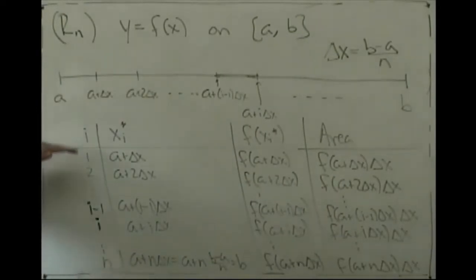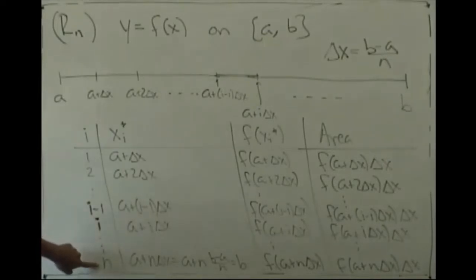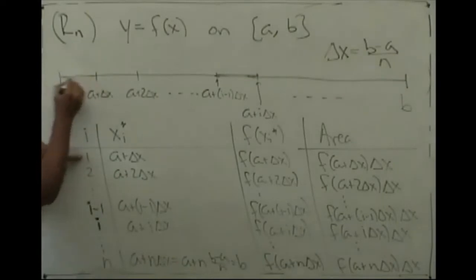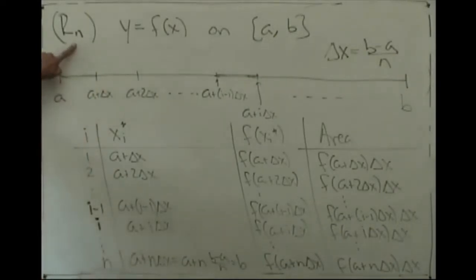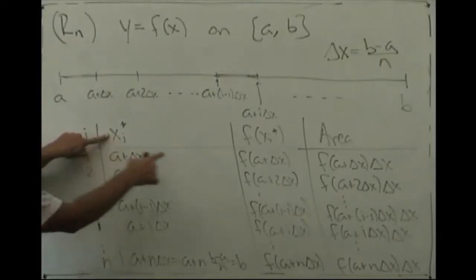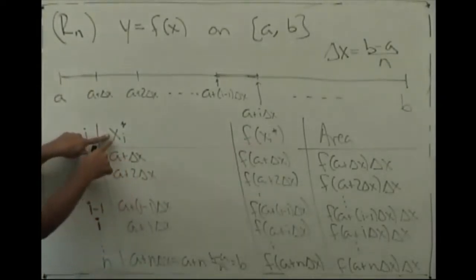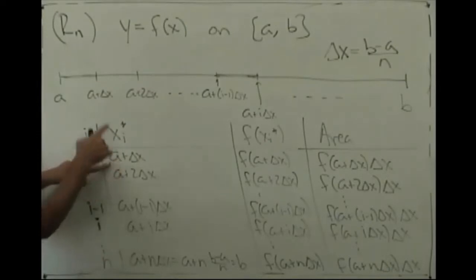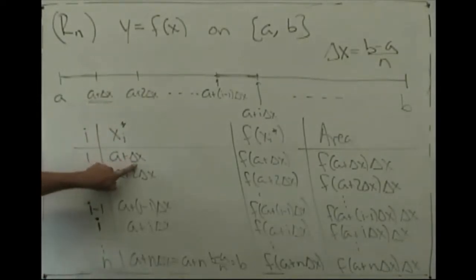Okay, so now let's look at our counter i equals 1, starting at 1, 2, the general i minus 1, the general i, and so on, up to i equals n. So in the first subinterval, we are using the right endpoint approximation. So the sample point that I will use to get the height is x1 star equal to a plus delta x, so a plus 1 times delta x.